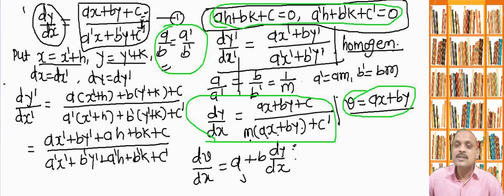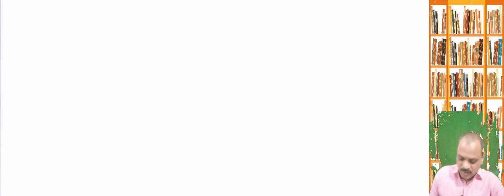Then this equation will be reduced to the variable separable method. So let us see an example of a non-homogeneous equation. I will write one example.